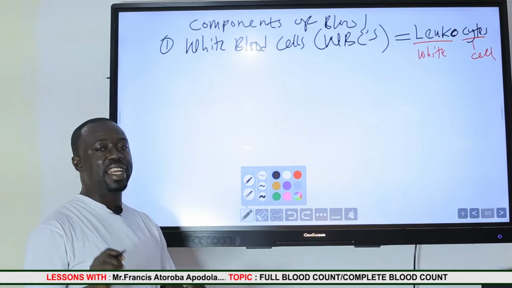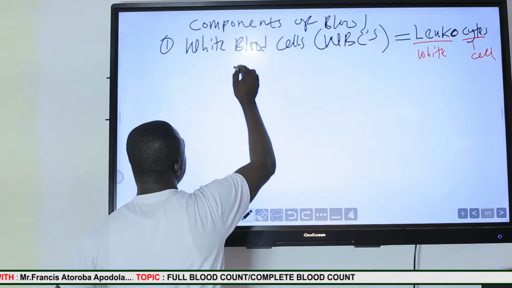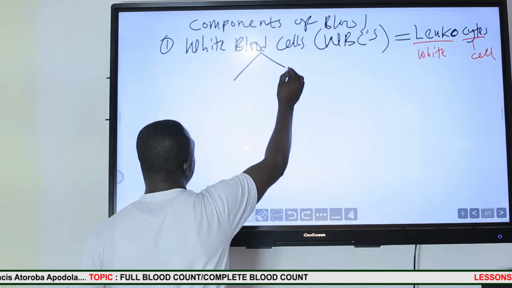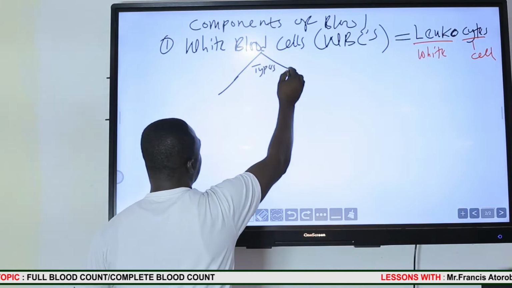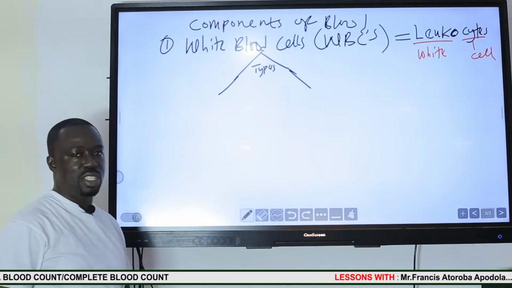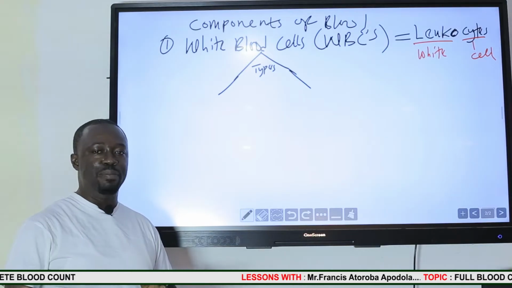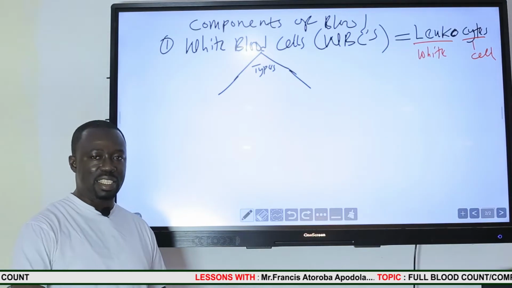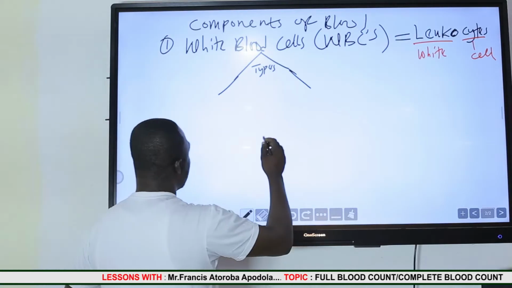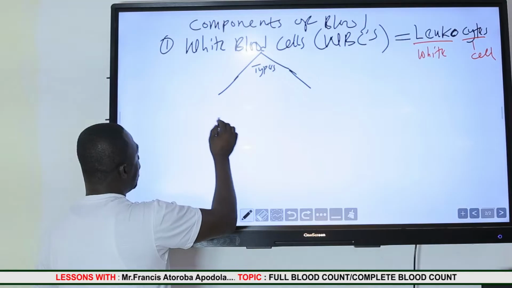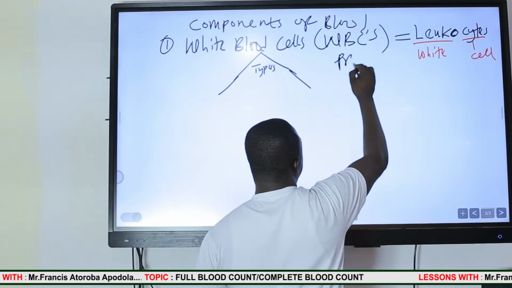Basically, they are divided into two types. So we want to look at the types of white blood cells. The white blood cells are categorized into two types on the basis of the presence or absence of granules.